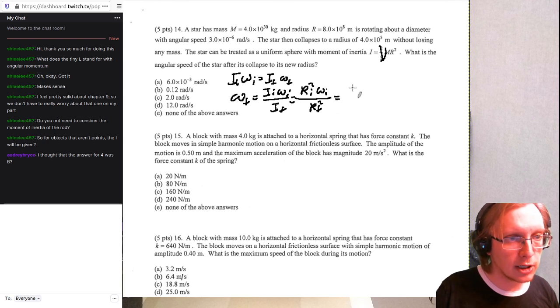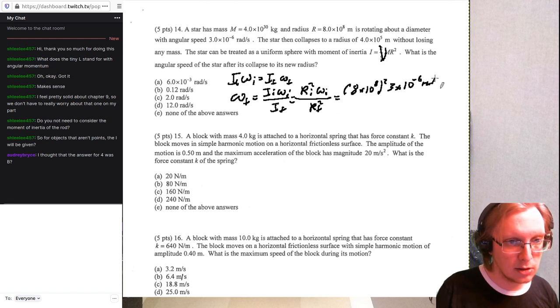Our initial is here. We have 8 times 10 to the 8 squared, and omega is 3 times 10 to the minus 6 rad per second, divided by 4 times 10 to the 5 squared.